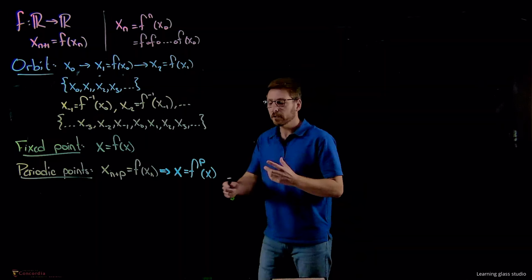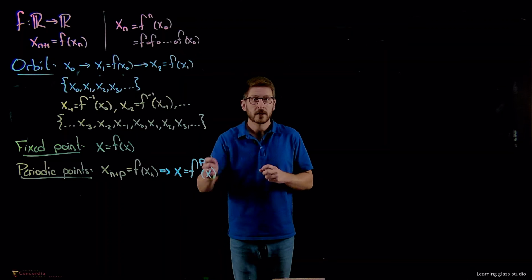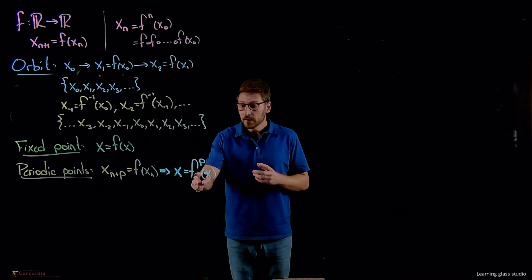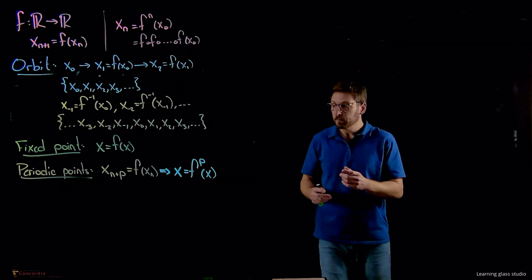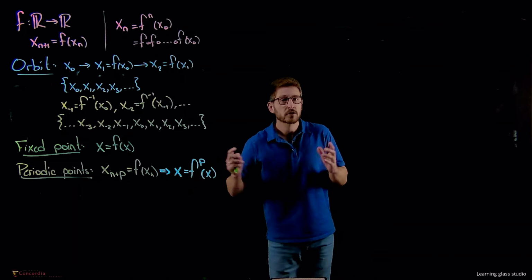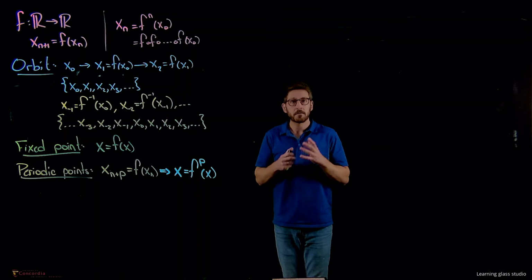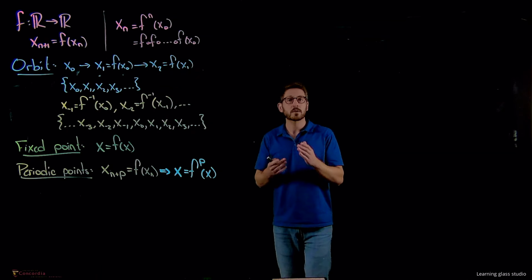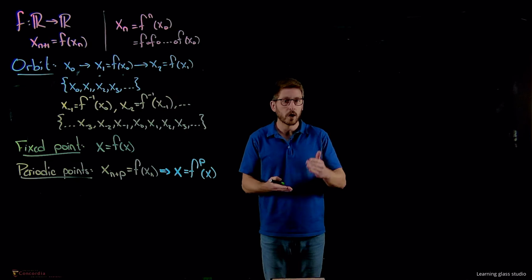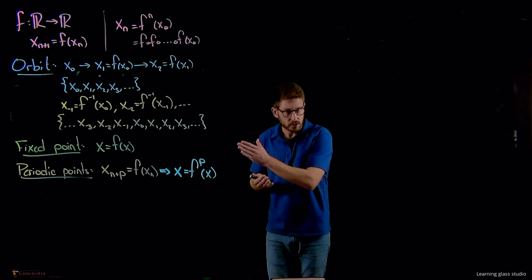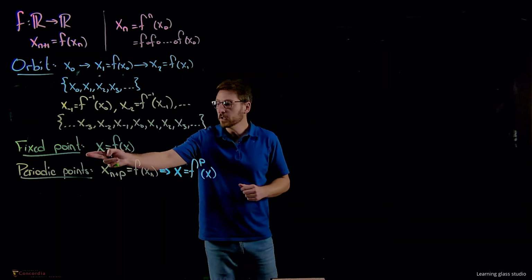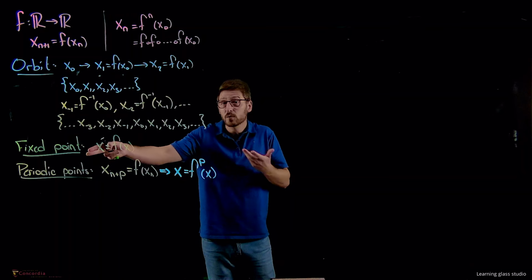The prime period of a periodic point is the smallest value of p that you come back on yourself. So think about this example. A fixed point would be a sequence that looks like 1, 1, 1, 1, 1, 1. It's just a constant sequence. So for a fixed point, its prime period is 1.